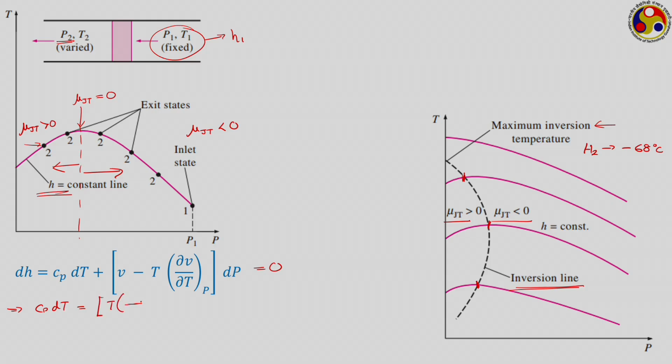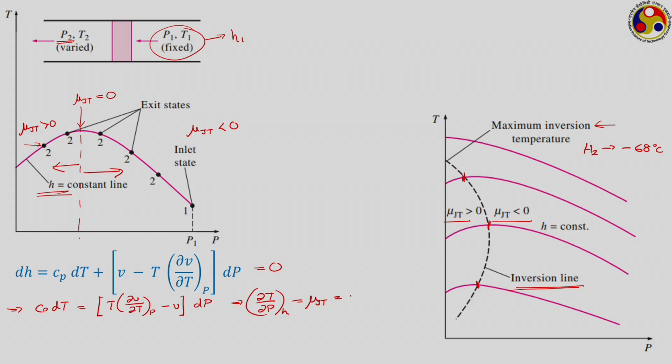T into (∂V/∂T) at P minus V dP, that is (∂T/∂P) at constant H, which is nothing but our Joule-Thomson coefficient.